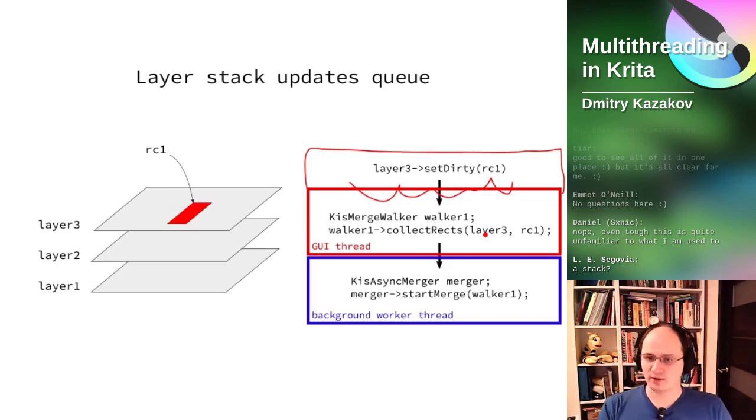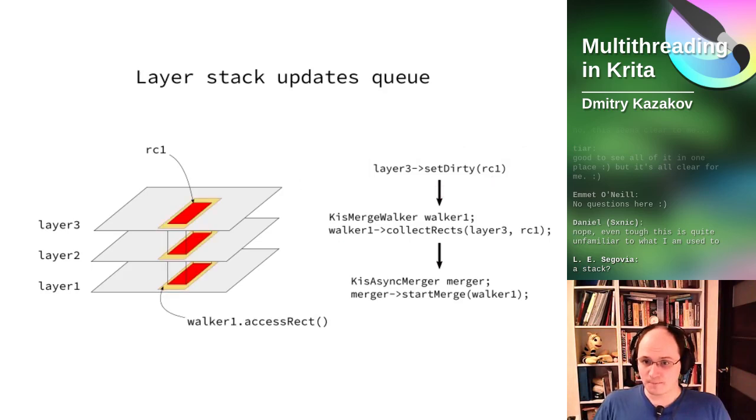It collects all the information and puts it into the queue because it is fast to do. And the actual merge operation is done in the background thread and doesn't block the GUI or any user actions. And why is this separation needed?